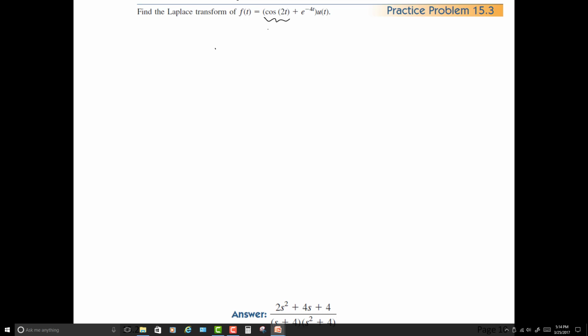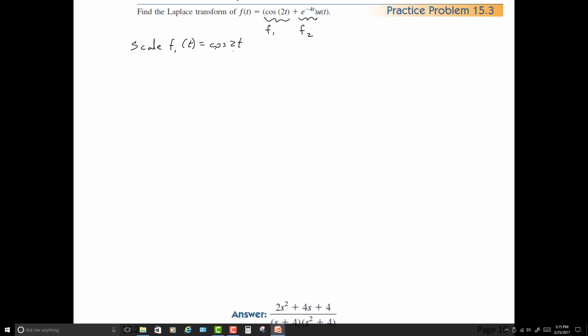So we've got one function and another function, and we can see it that way. If we isolate those, we're scaling f1 of t, and that will become cosine 2t.